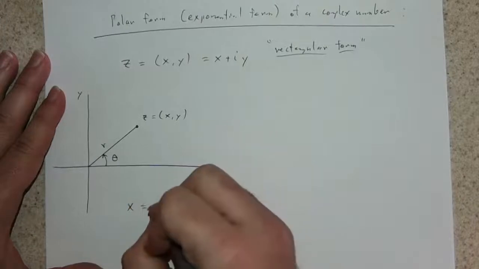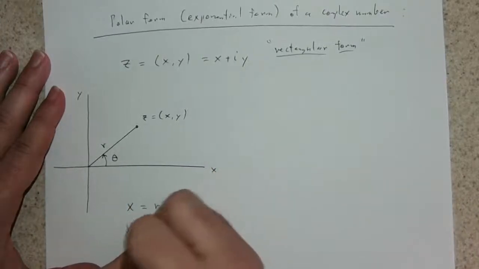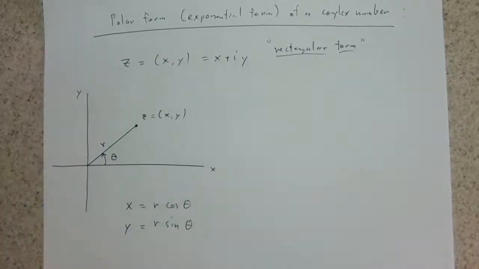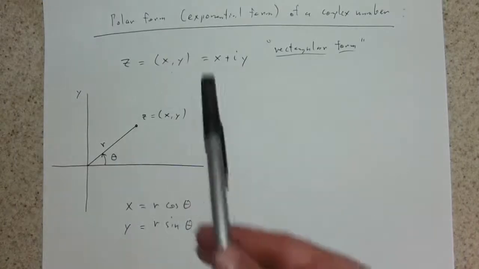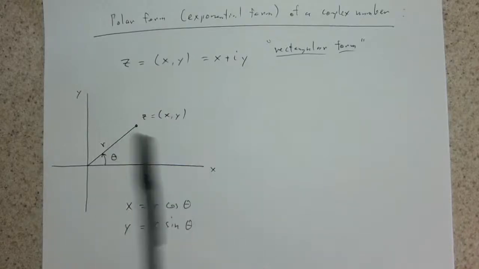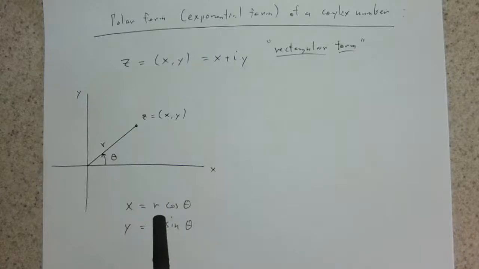X is determined as r cosine theta, and y is determined as r sine theta. So once you see this, and once you remember that cosine and sine are used in the definition of a circle, then what you understand is, oh, polar coordinates are really just a way of taking any point in the plane and viewing it as a point on some circle of some radius.